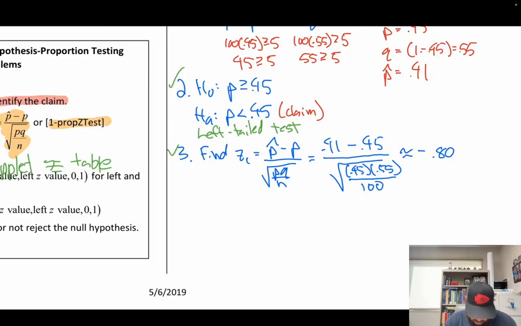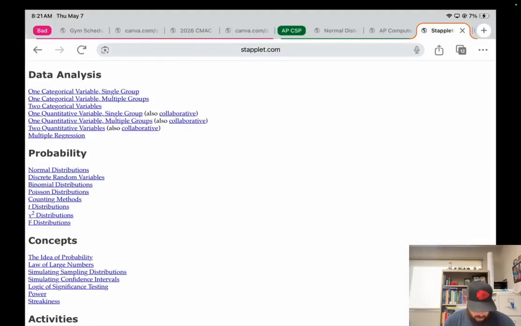All right, 4, find p. We're looking at our sketch here, and so we have a z of negative 0.8, and we want less than, so we're looking for that. Then we can go to Statplet, and we're looking at normal distributions.